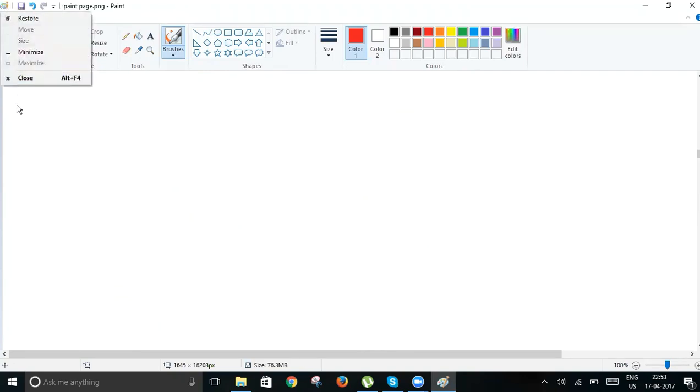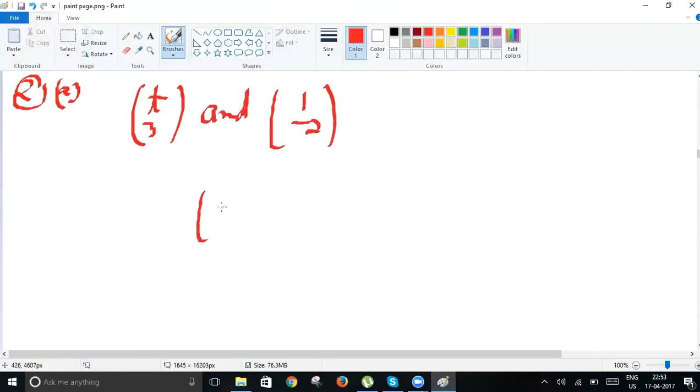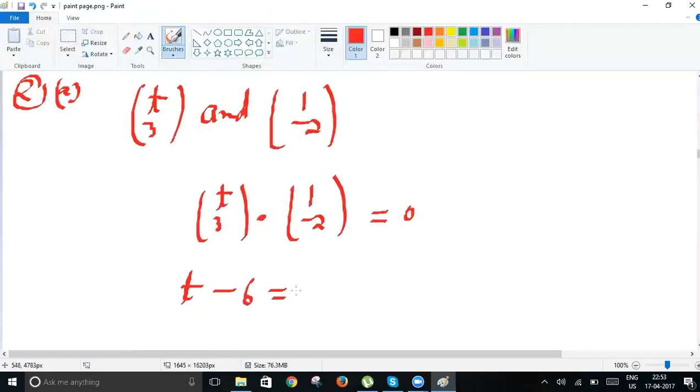In part A, it is question number 2, part A. It says the first vector is (t, 3), and the second vector is (1, -2). So the dot product of these two should be 0 because the vectors are given as perpendicular. So when we multiply t with 1, we get t, and we multiply 3 with -2, we get -6, equal to 0. Then t is equal to 6.